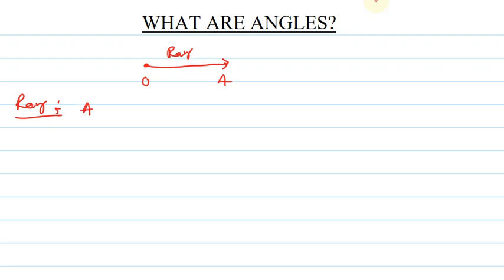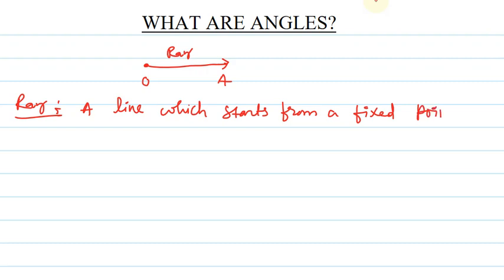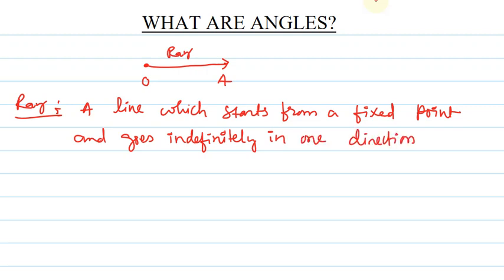A line which starts from a fixed point and goes indefinitely in one direction is called a ray.